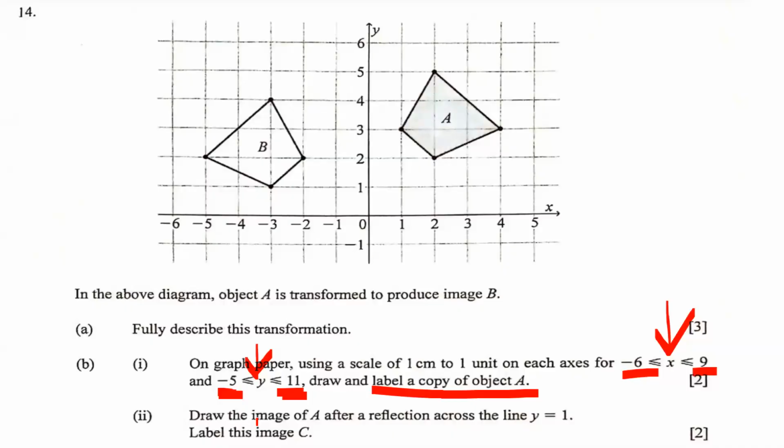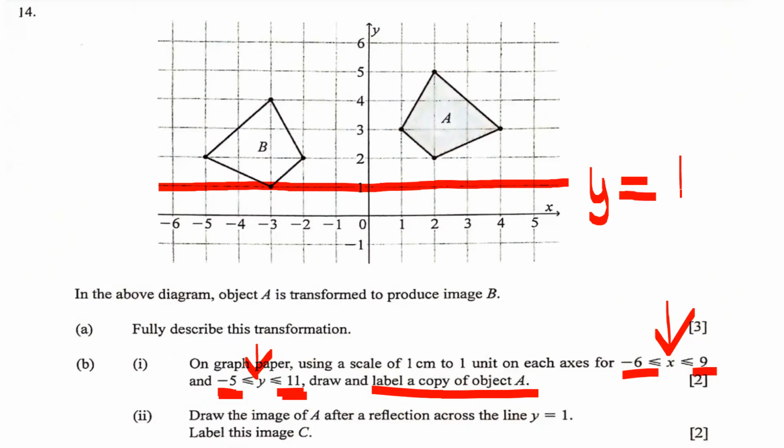Okay, so that's that. Now, what else do they want us to do? They say draw and label the image of A after reflection across the line y is equal to 1. Label this image C. So they want us to perform a reflection across the line y is equal to 1. The line y is equal to 1 is going to be a horizontal line passing through 1 on the y-axis.